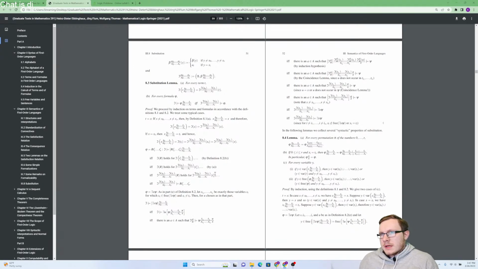If t is equal to x, and x is not within x naught through xr, then by definition 8.1a, just the start of the proof. So we do induction on terms.